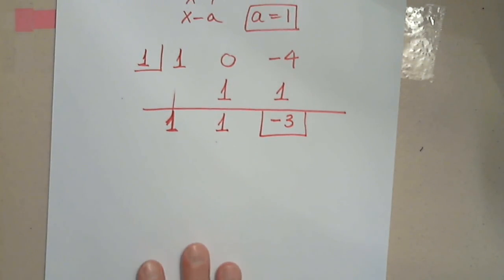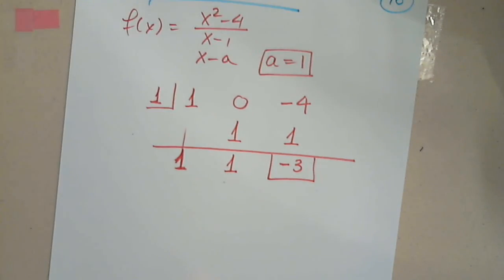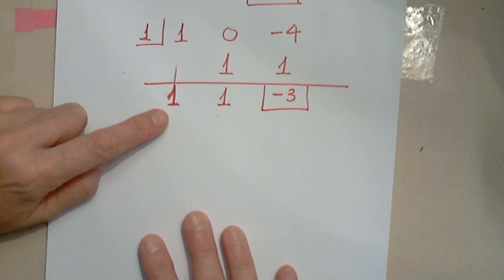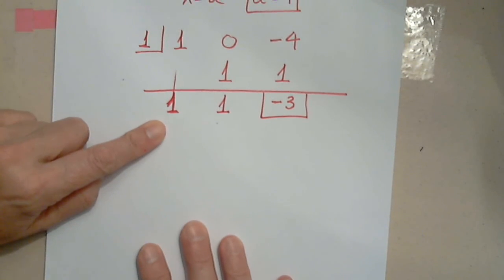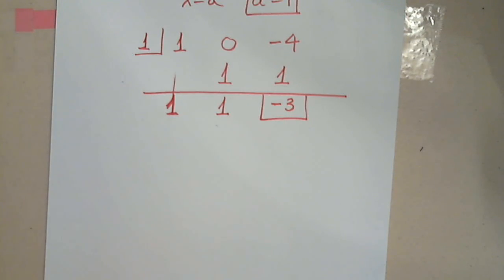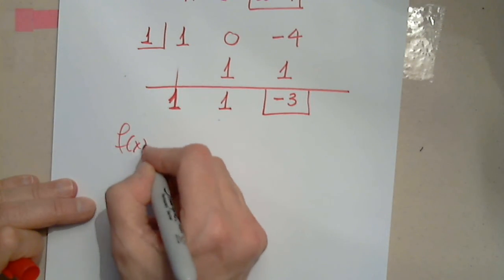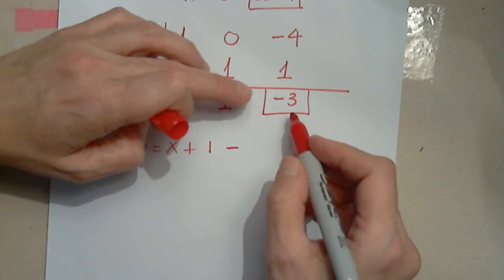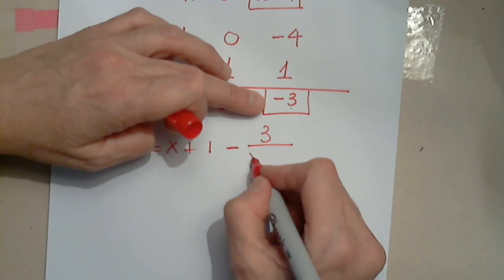Well, here's my answer. If I divide degree 2 by degree 1, this must be the coefficient of degree 1. And this must be the free term, and this must be the remainder. So the same thing, f of x will be x plus 1 and minus 3 over x minus 1.